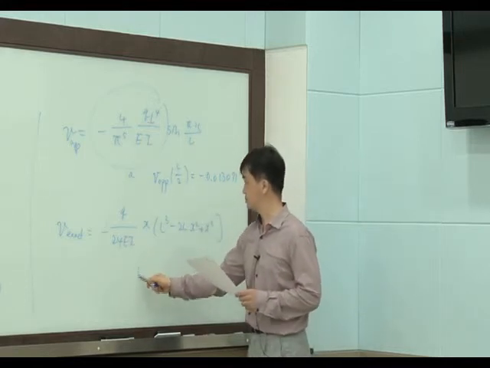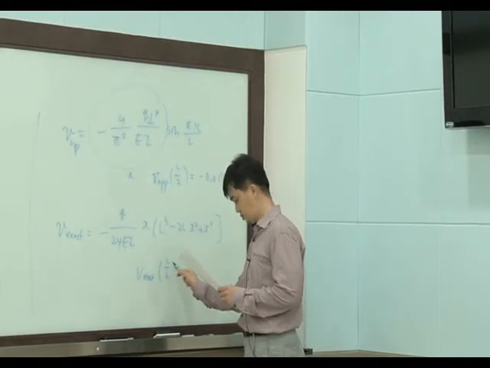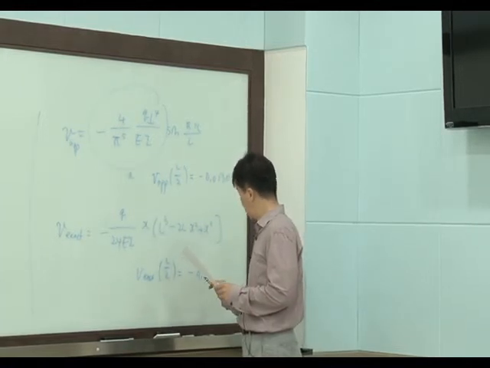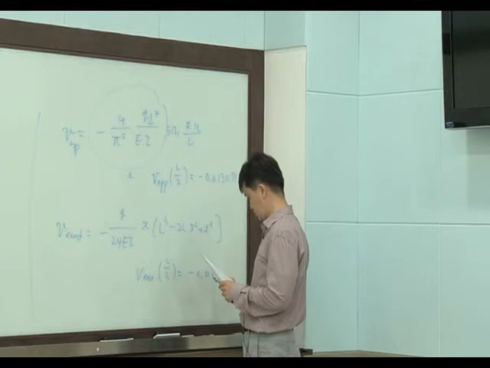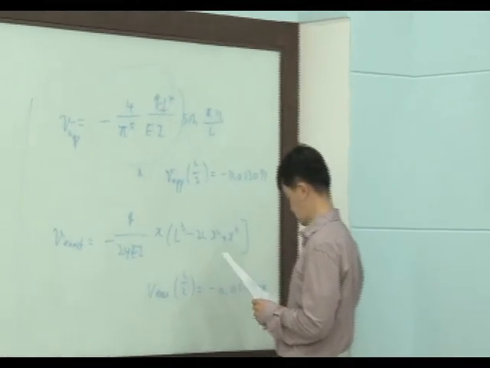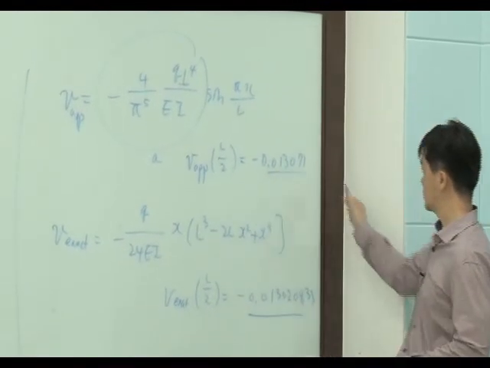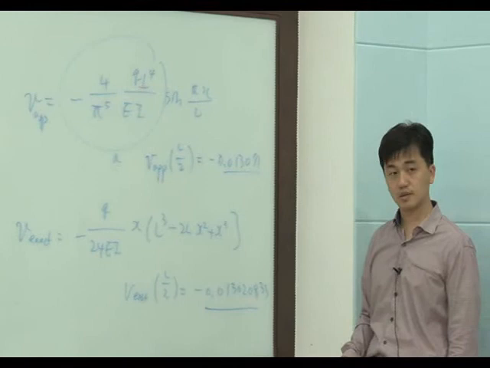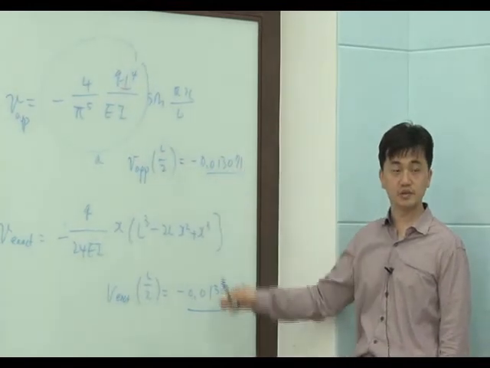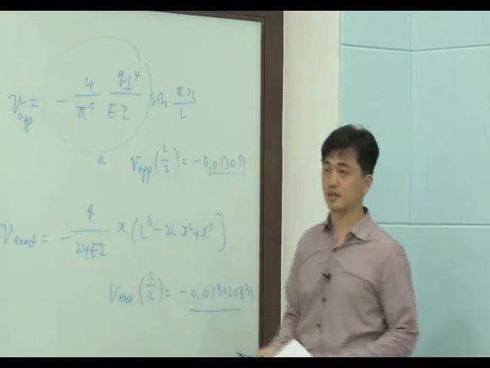And in this case, v exact at L over 2 equals, let's compare both numbers. Looks very similar, very small error, right?